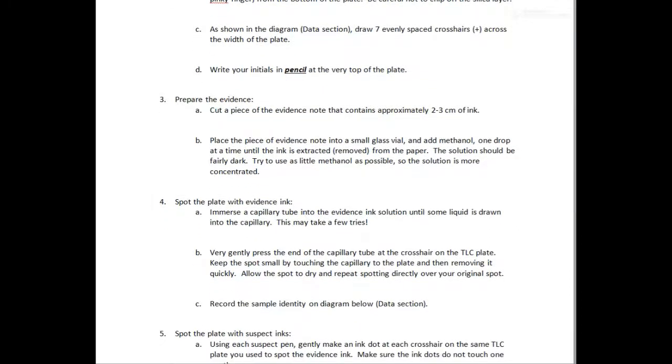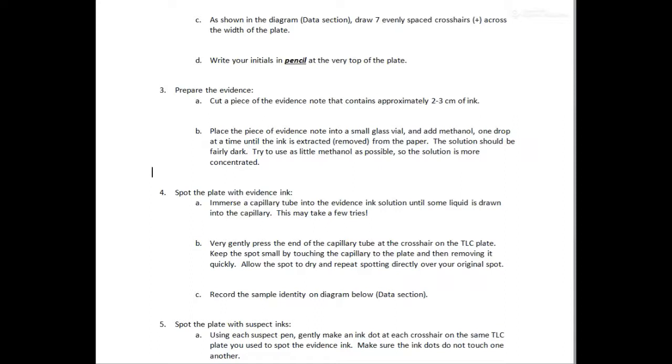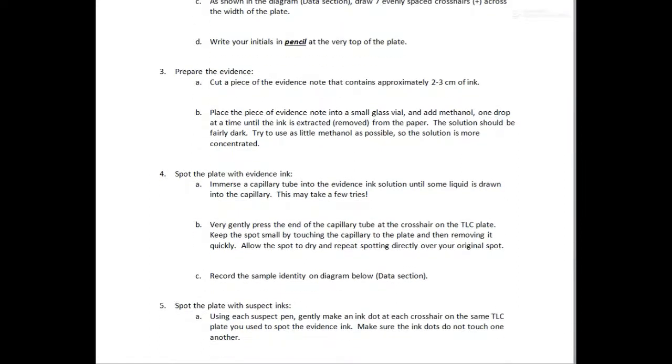Now, the second thing we have is the evidence ink. Immerse the capillary tube in the evidence ink solution until some liquid is drawn into the capillary, and very gently press the end of the capillary tube at the crosshair on the TLC plate.